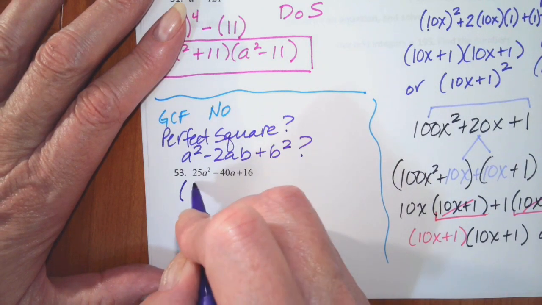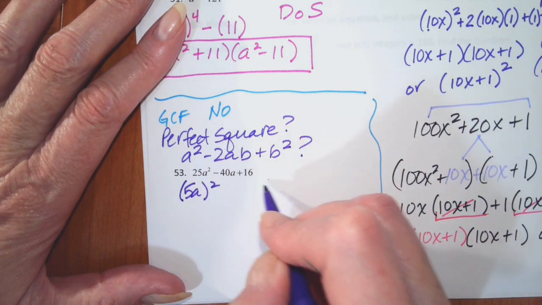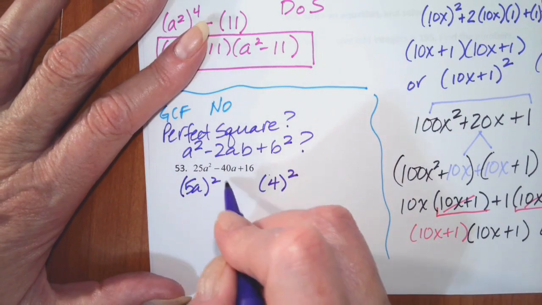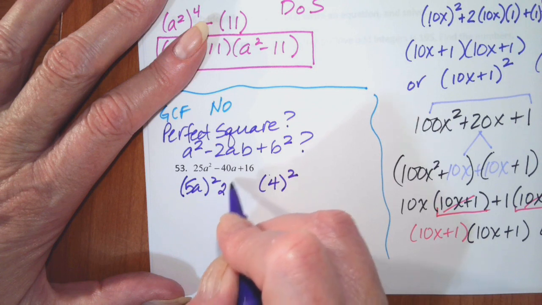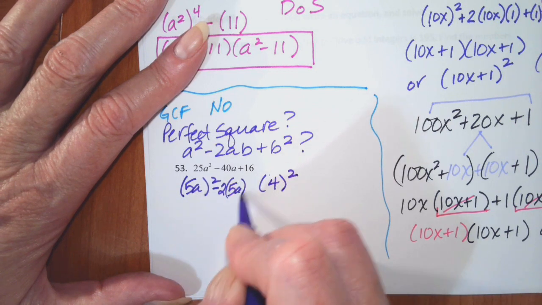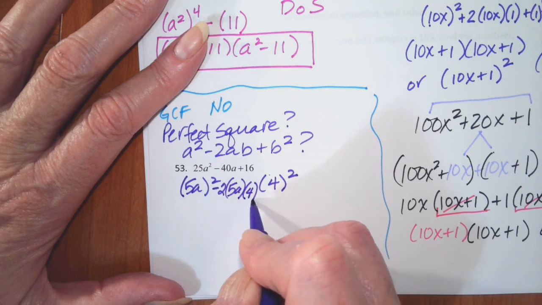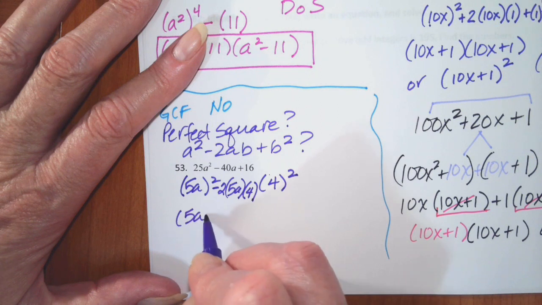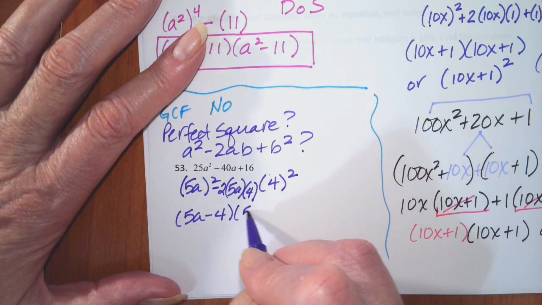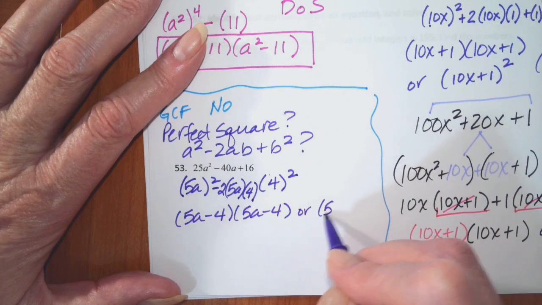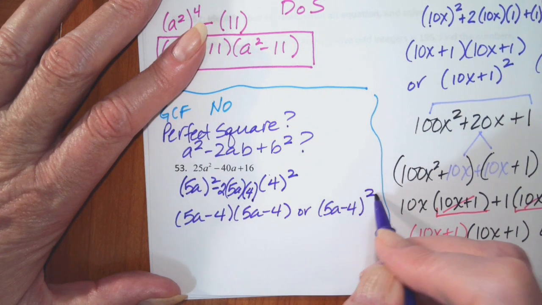Okay. Well, this is 5a squared. This is 4 squared. So is my middle term 2 times 5a times 4? Well, it is. So I know this factors into 5a minus 4 times 5a minus 4, or 5a minus 4 squared.